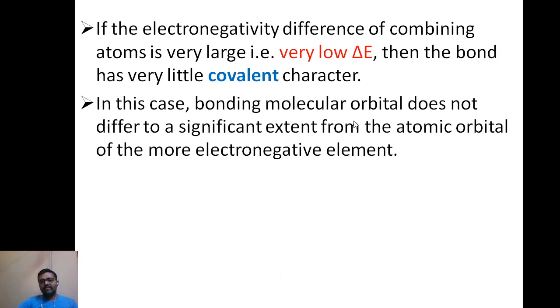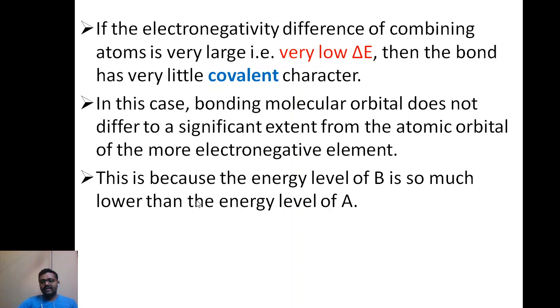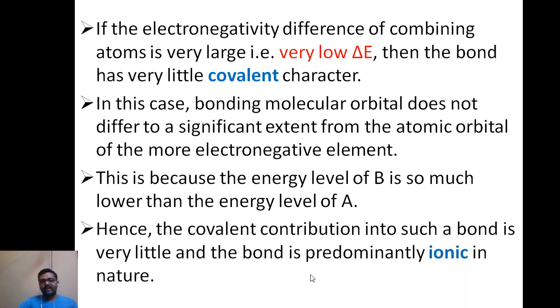In this case, the bonding molecular orbital does not differ to a significant extent from the atomic orbital of the more electronegative element. This is because the energy level of B is so much lower than the energy level of A. Hence, the covalent contribution to such a bond is very little, and the bond is predominantly ionic in nature.